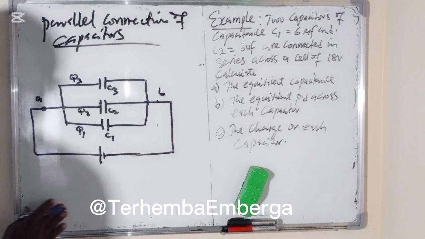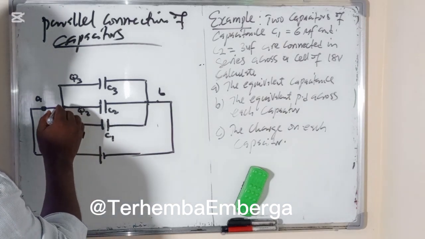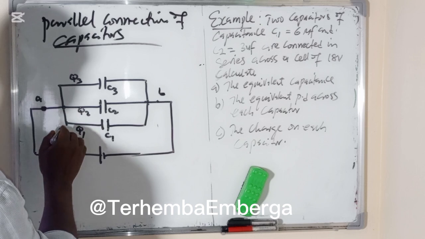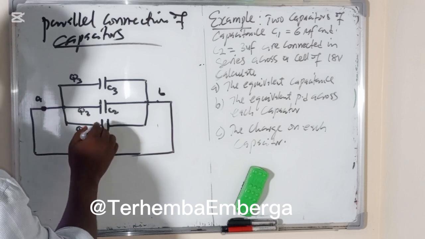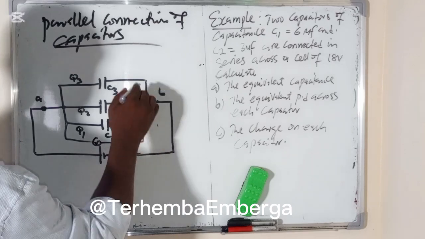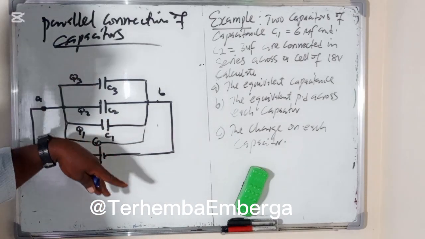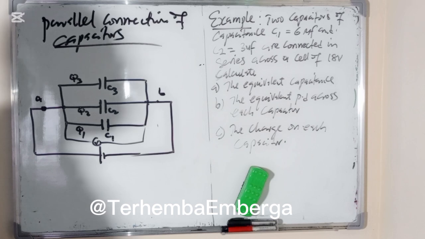So remember the potential difference. If you want to read the potential difference, you connect a voltmeter. The potential difference is the same while the charge is different.